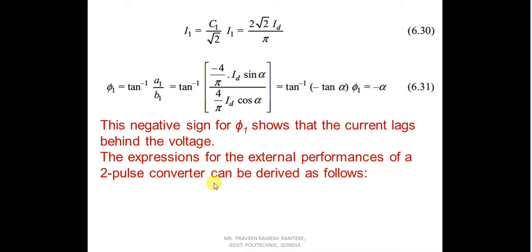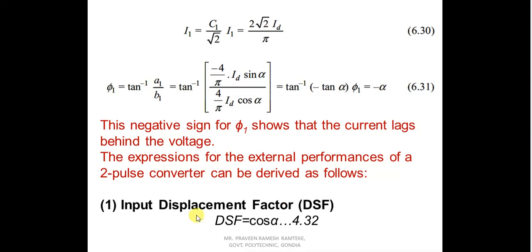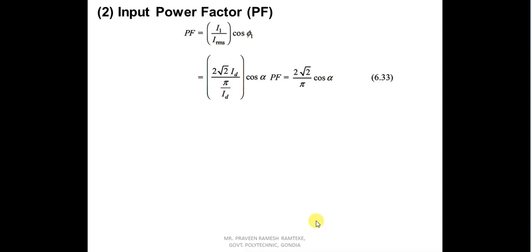The expressions for the external performances of the two-pulse converter can be derived as follows. First, the input displacement factor DSF equals cos alpha. Input power factor PF is given by I1 by I RMS times cos phi 1.